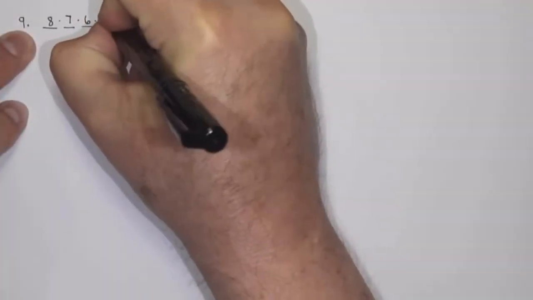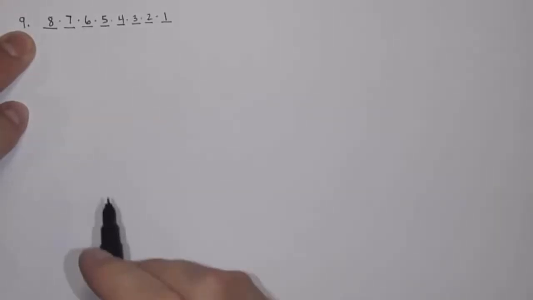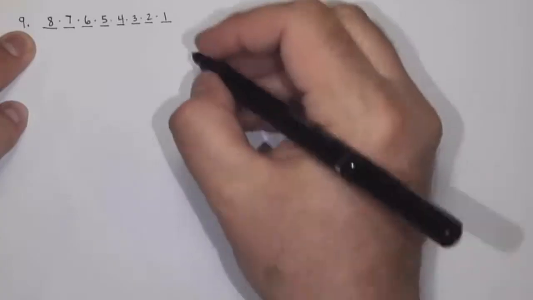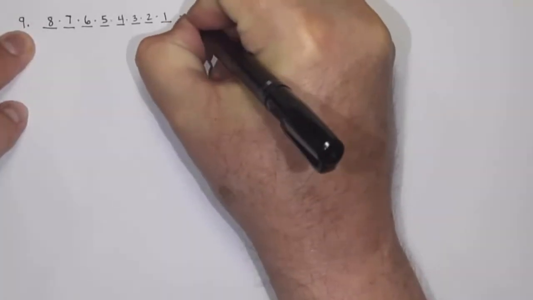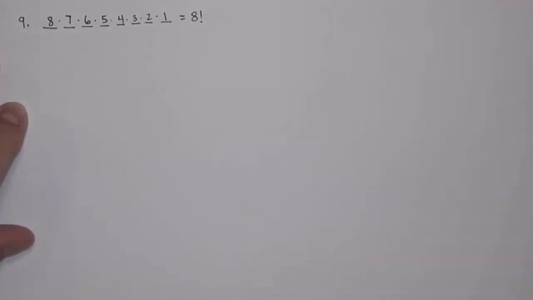And then 5 and 4 and 3 and 2 and 1. So this would be 8 times 7 times 6 times 5 times 4 times 3 times 2 times 1, which is 8 factorial. So there would be 8 factorial different ways that these terms could be matched with the pictures.